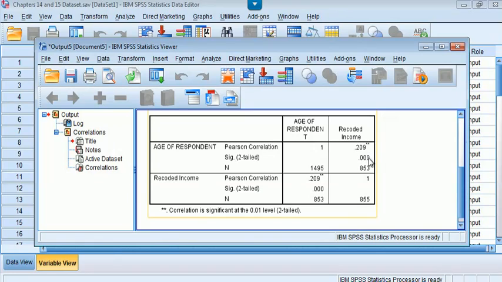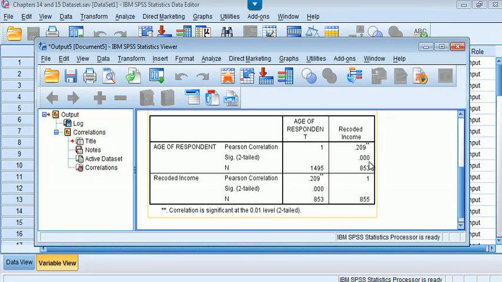Another way to tell if this is significant besides the stars, if we pop down to the next line, is this value right here. This is the significance level. If that significance level is less than whatever you deem as a significant level, usually 0.05 or 0.01, then we consider that variable statistically significant.